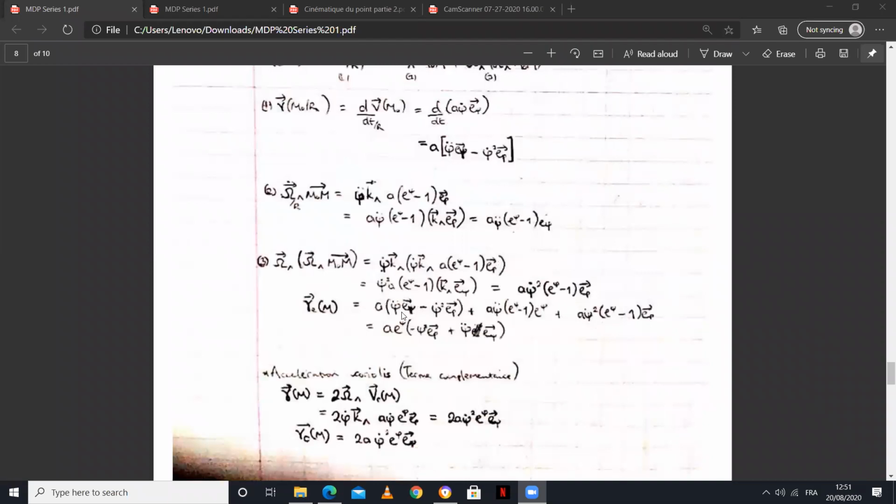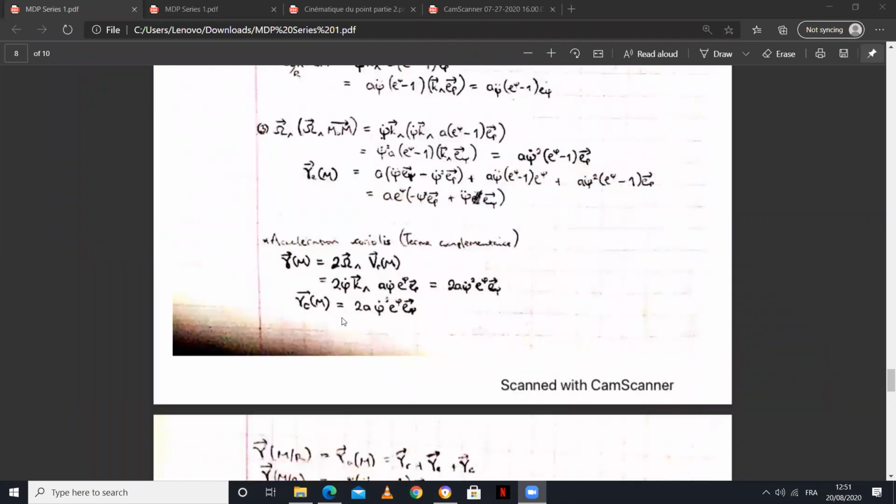Then we go to the simplest of them all, the gamma Coriolis, acceleration Coriolis. The formula is just this here, it's just 2 omega vectoriel vitesse relative. The vitesse relative we have already calculated. This one is going to be angular vitesse, yes. Omega, we have it as phi point k.